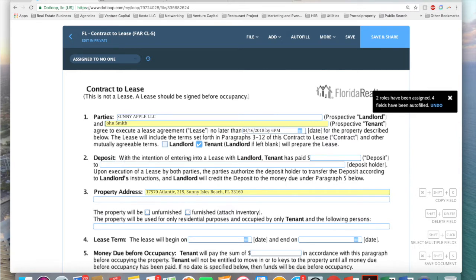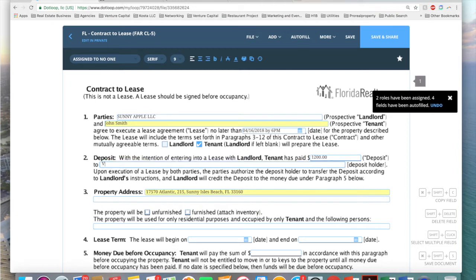Deposit. With the intention of entering into a lease with landlord, tenant has paid. For example, let's assume that John Smith brought the check to the office yesterday for $1,200 deposit to our escrow account, and we will have to state it here.